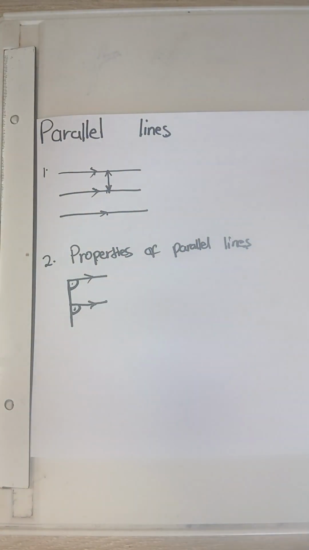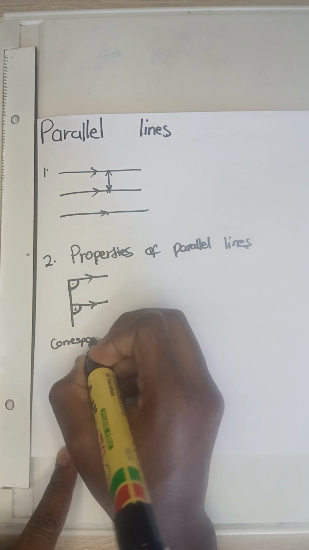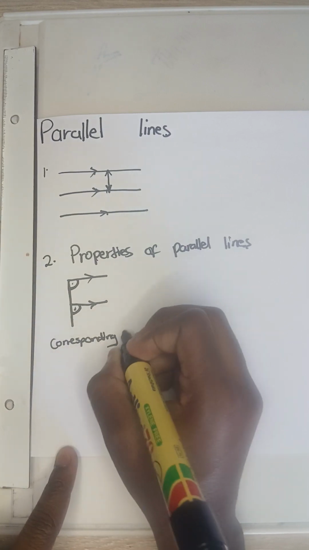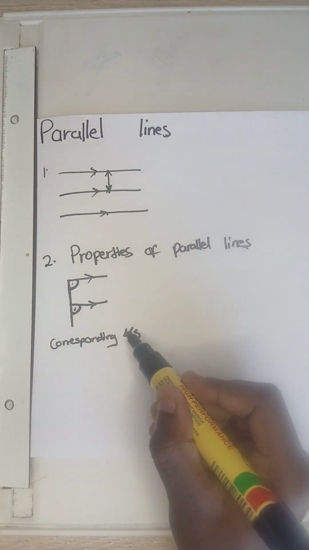If you are solving a problem in a question paper, and maybe they gave you a circle, and inside the circle there are parallel lines, you have to look at these things that I am doing right now. So this one is corresponding angles.